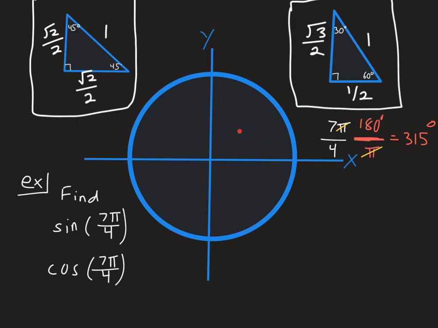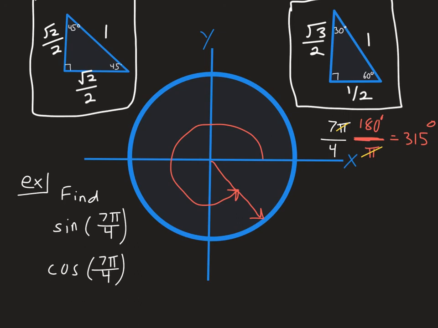So 1/4 pi, 2/4 pi, 3/4 pi, 4/4 which is 1, then 5/4, 6/4, and 7/4 pi is right here. So a bunch of different ways to come to the same conclusion that 7/4 pi, or 315 degrees, lands me right there.